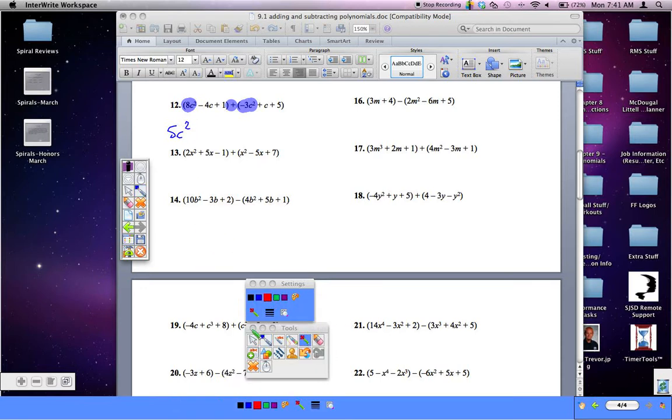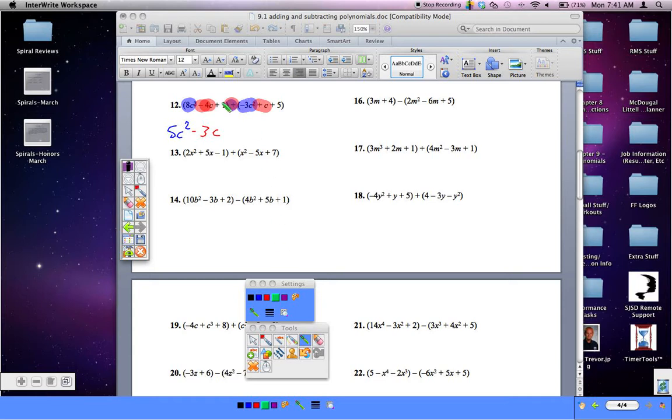Next up, we would have negative 4c plus positive 1c. Negative 4 plus positive 1 is going to leave you at negative 3.